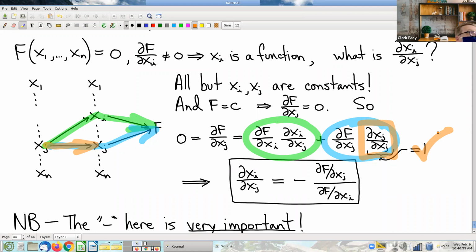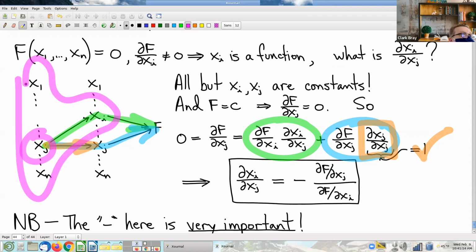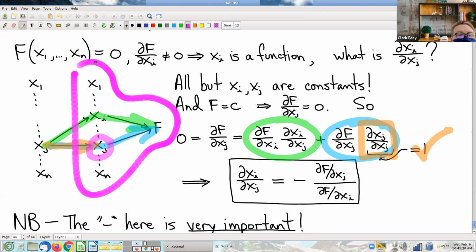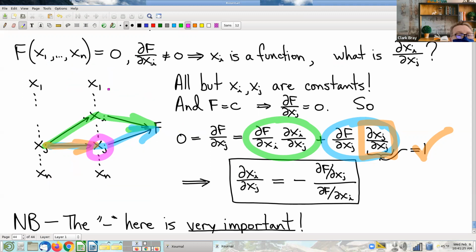I guess I'm just confused as to how we can treat them as different variables and it's still the same. Well, I'm not saying they're independent variables. I'm saying they're different. This one here is an input to that function. This one here is not. That one there is an input to that function. So then couldn't one of them change without the other changing?